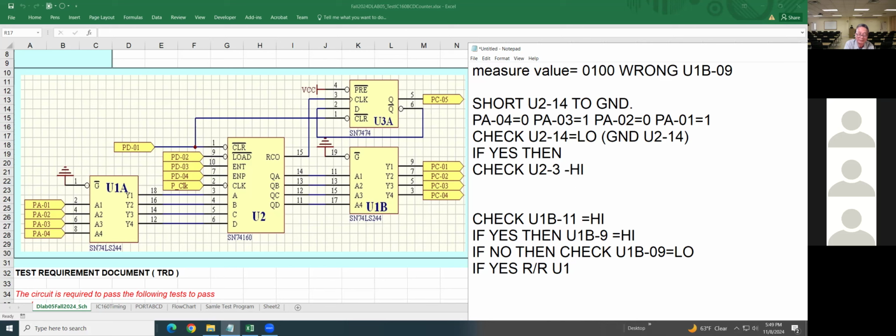If yes, then what? Check 18. Right now, you know wrong 14, correct? You take pin 3, right? You get high. Then what can you do?